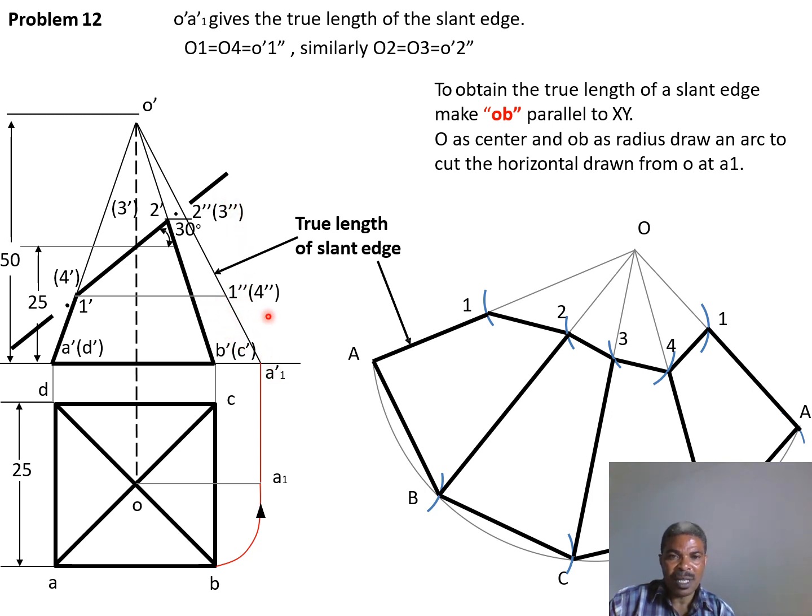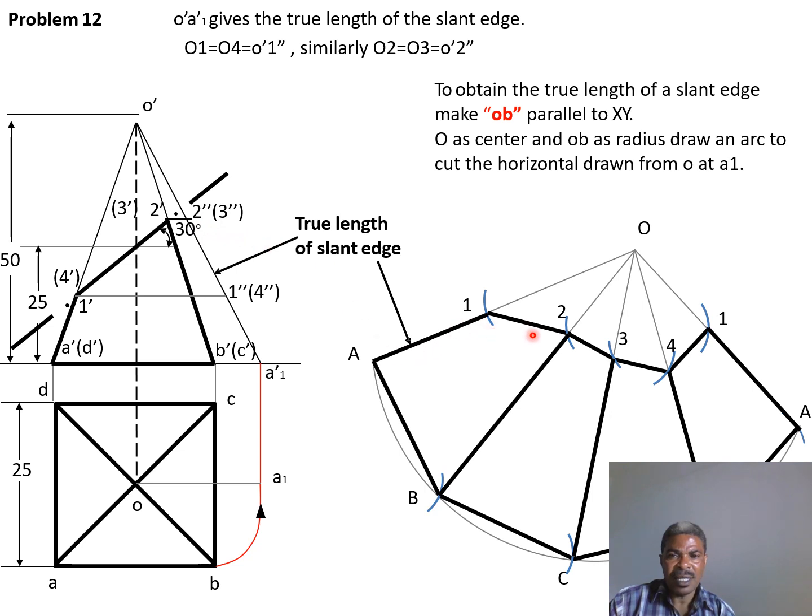You can see all the points are here in a line. From this line is where you can now copy the respective points, for example O dash to 2 dash.